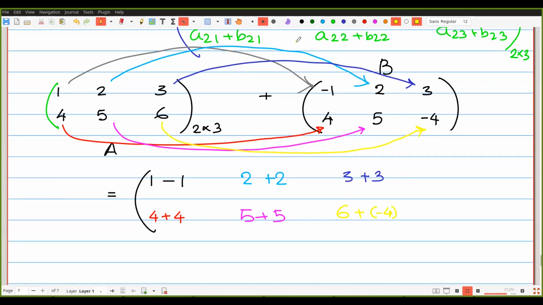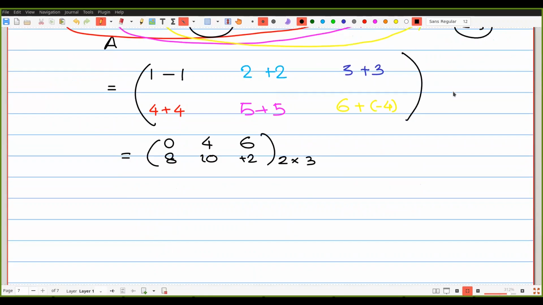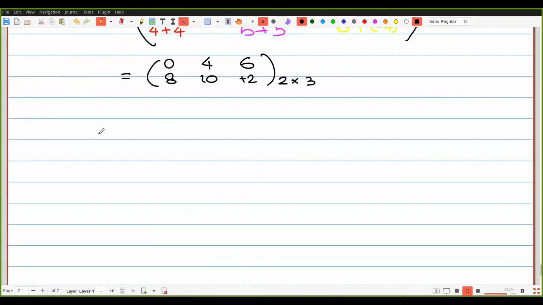So the final result would be 0, 4, 6, 8, 10, 2. That is also of order 2 cross 3. That one was 2 cross 3, and this one was also 2 cross 3, so we can proceed. Let us check with another one.